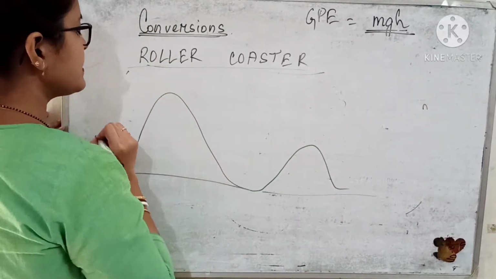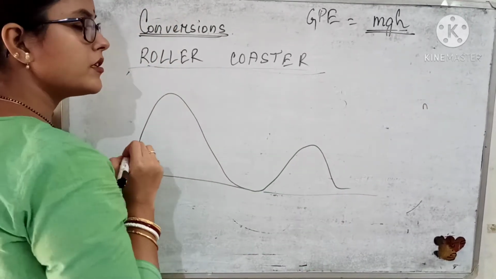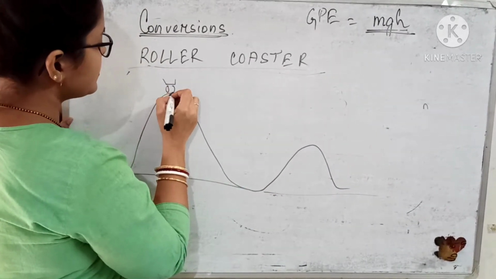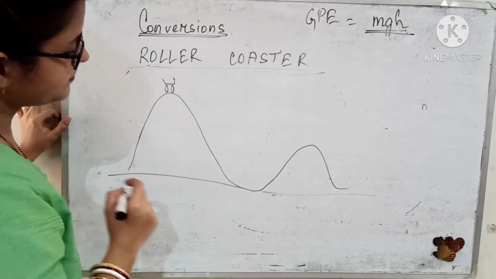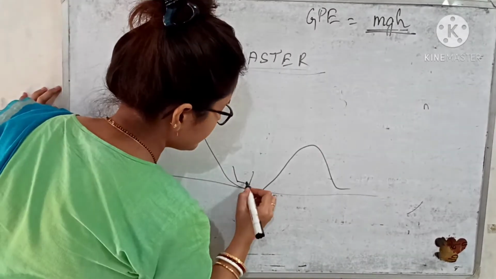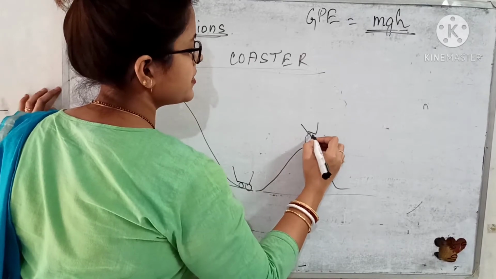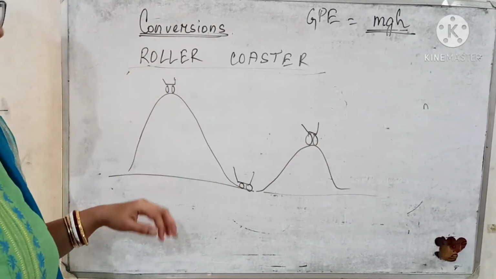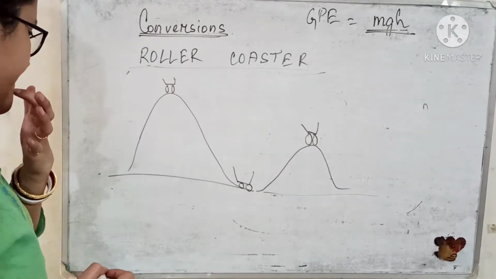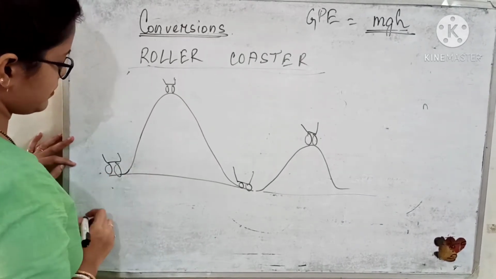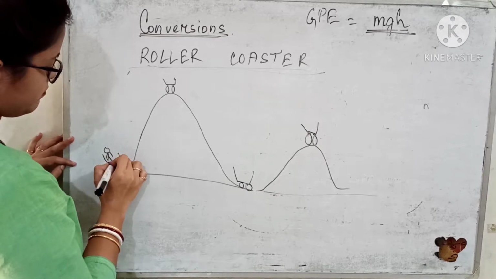But let us see that this hill has the maximum height. So the cart is here, then the cart is here, then the cart is here. Okay, now firstly the cart was here where people ride on.